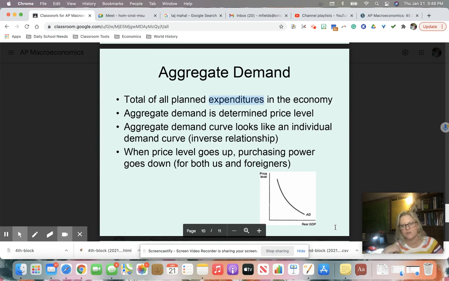We'll get into the difference between real and nominal GDP in the future. But real GDP is down here on your x-axis, and our aggregate demand curve slopes downward. So when price levels rise, real GDP will decrease. Okay, the aggregate demand will decrease.